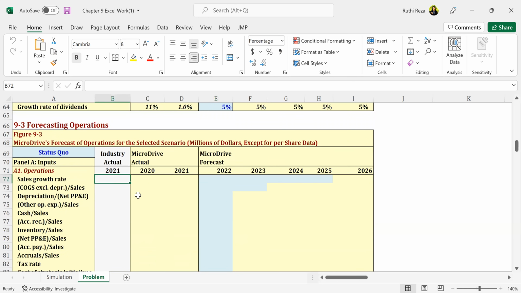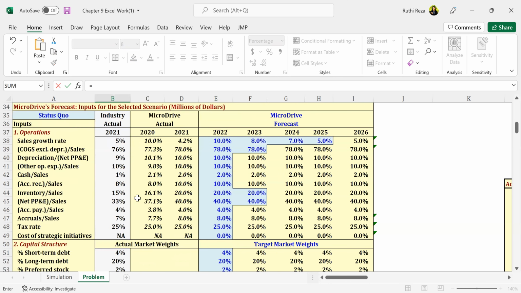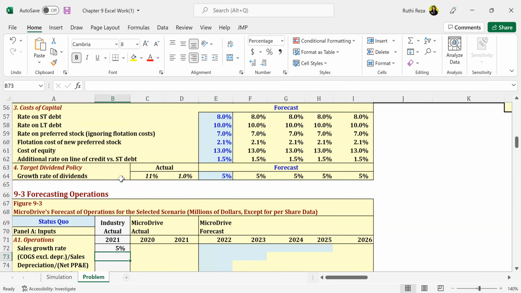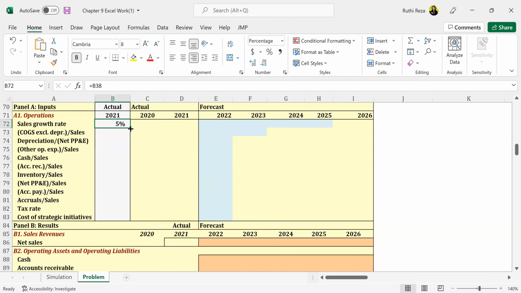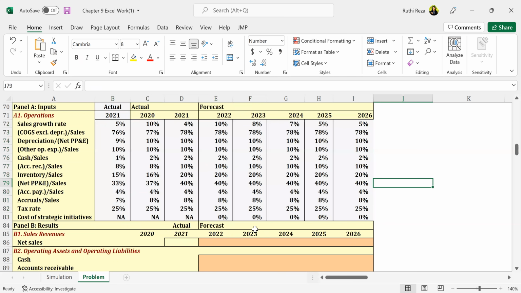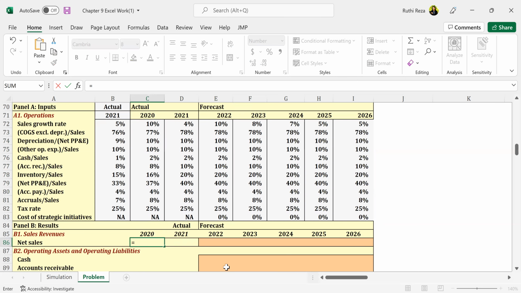So first, let us just copy our assumptions related to operations from our assumption table. Here we got all of our assumptions related to operations. All right, now let us forecast our operating items.